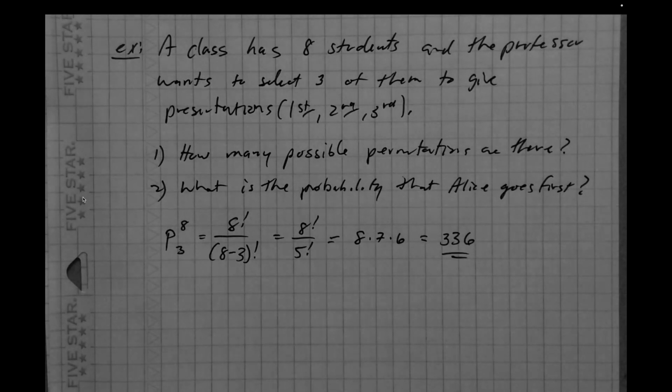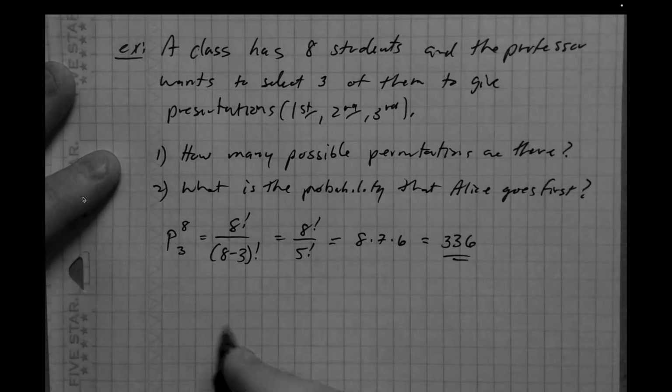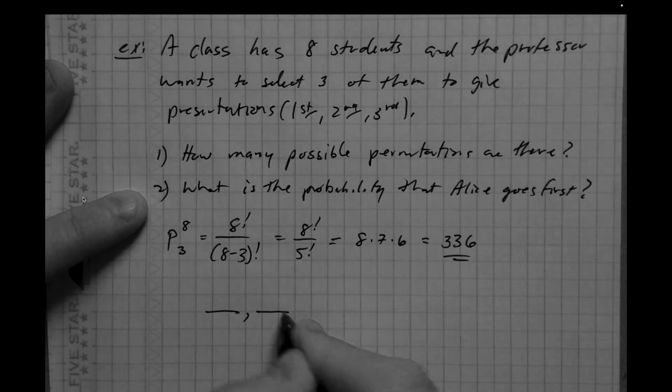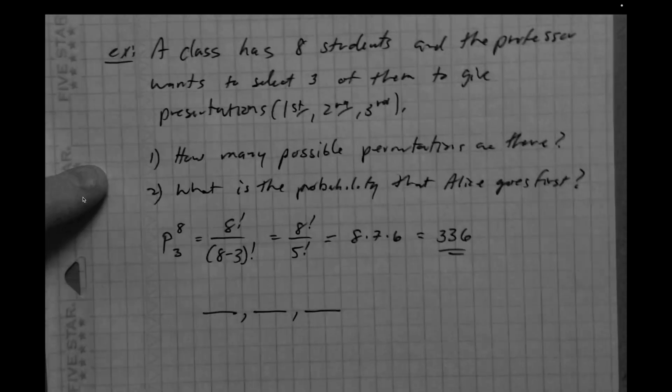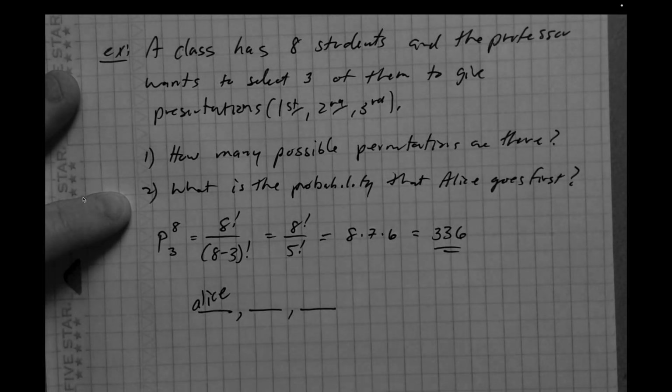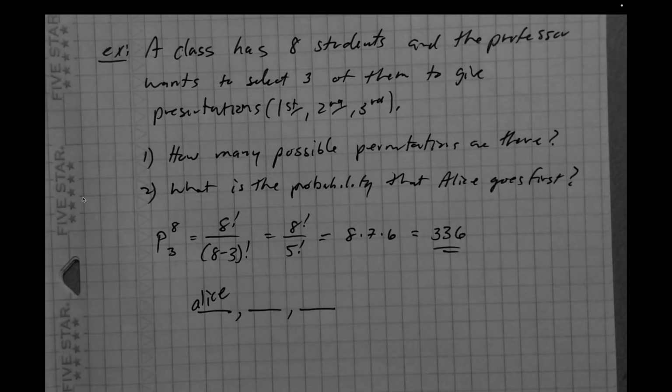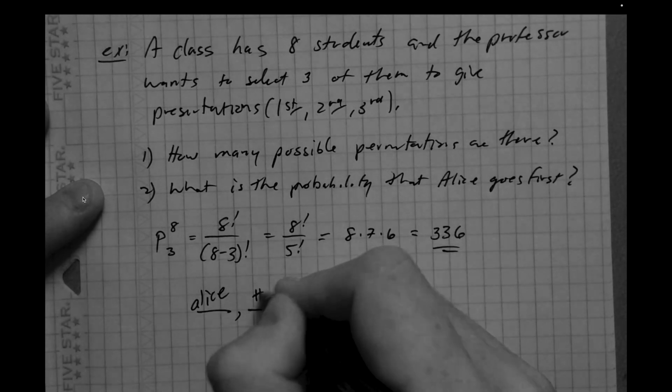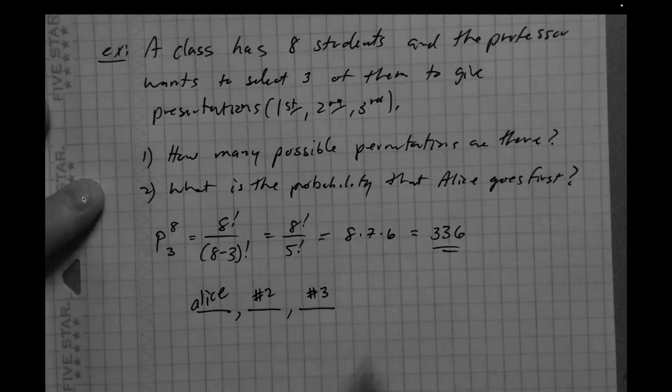Okay. Now for part 2, what we're interested in knowing is what's the probability that Alice goes first? And so the way to think about this is you've got 3 choices. You've got the first person, the second person, and the third person. So if Alice goes first, that means this is Alice, for sure. And then you've got number 2 and number 3.